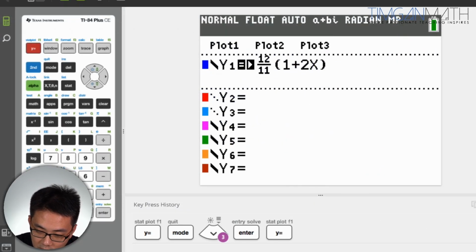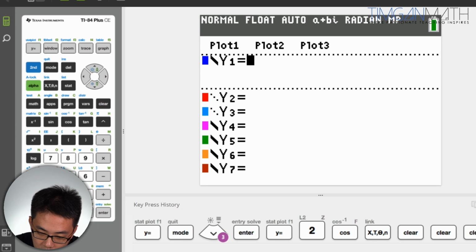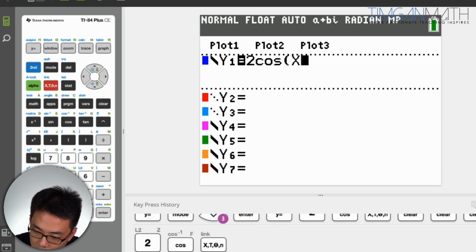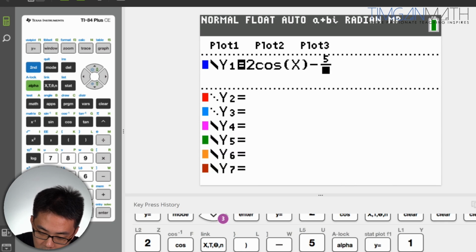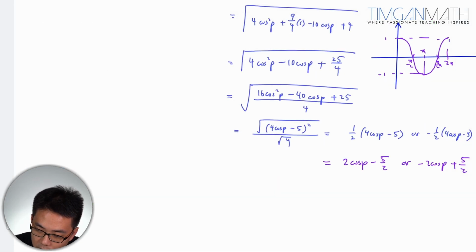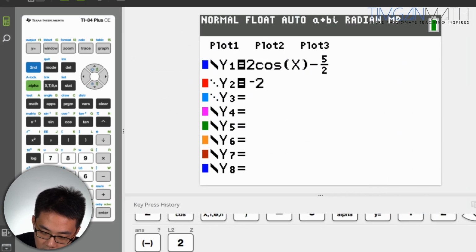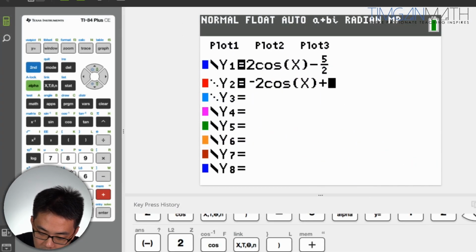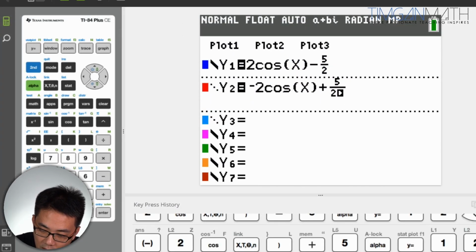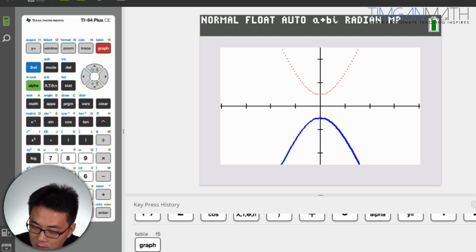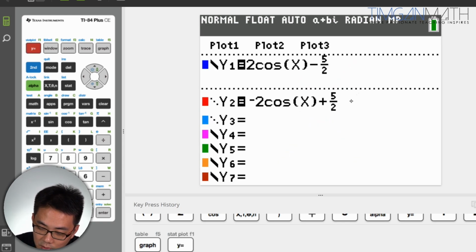This is 2 cosine p minus 5 over 2, and after which you have negative 2 cosine p plus 5 over 2. You realize that one will give you a positive graph. So the one above, the red color, will give you a positive graph.